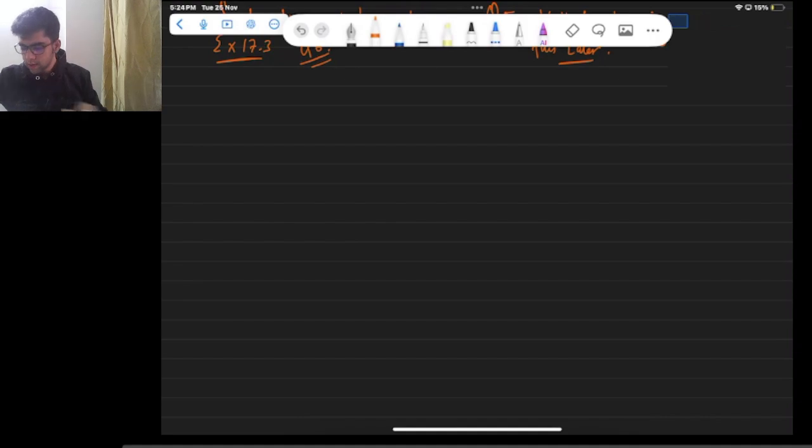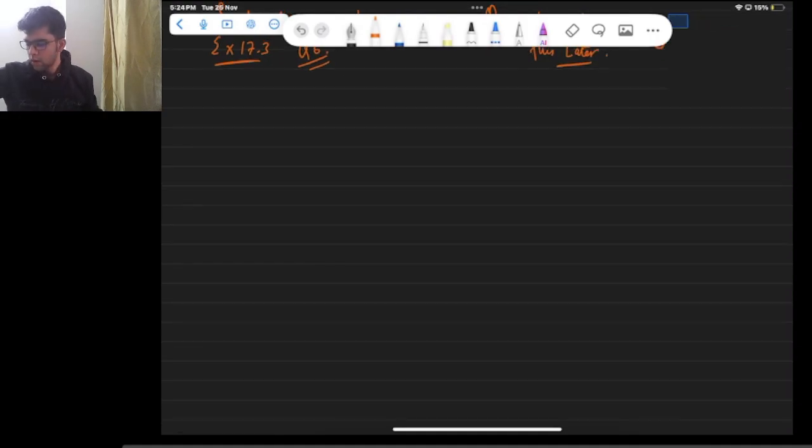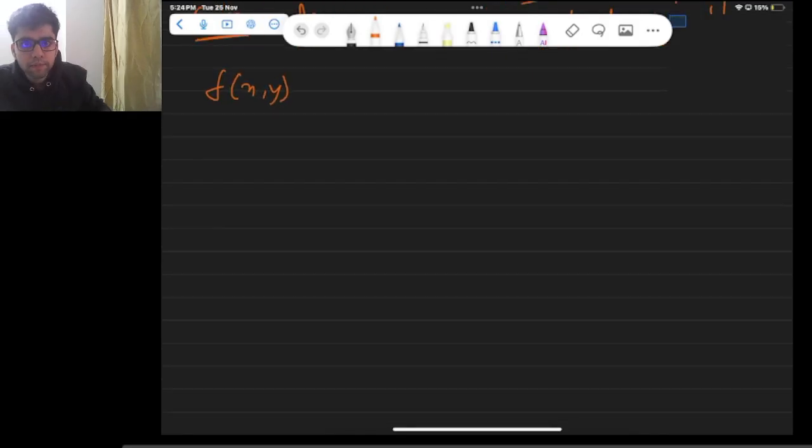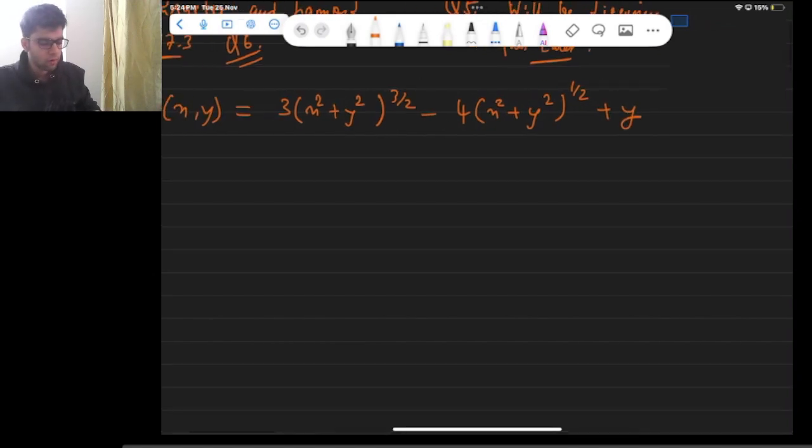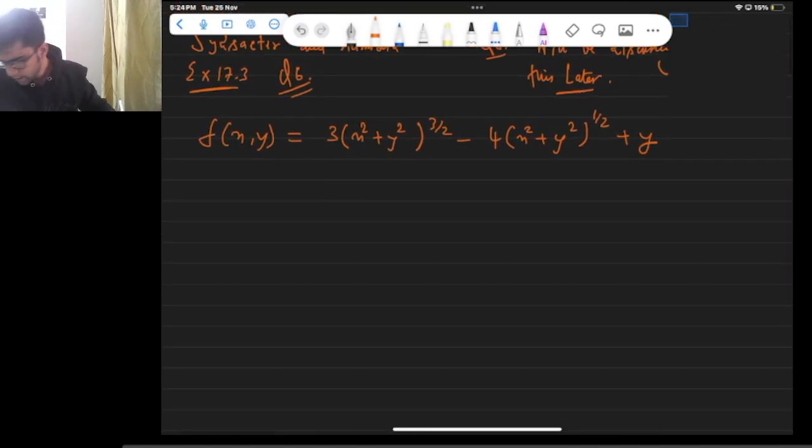Consider the function f defined for all x, y by f(x, y) equals (3x² + y²)^(3/2) minus 4(x² + y²)^(1/2) plus y. So this is the function that has been given to us.